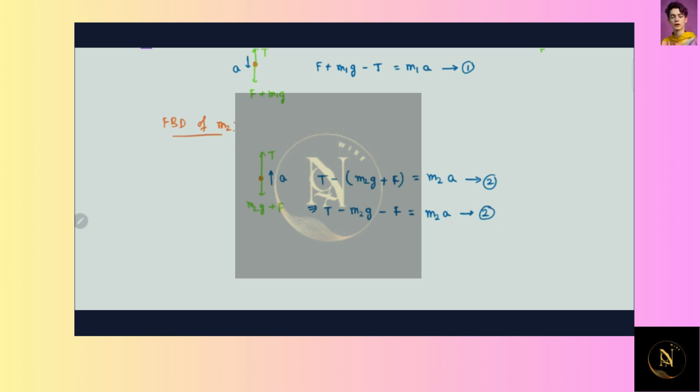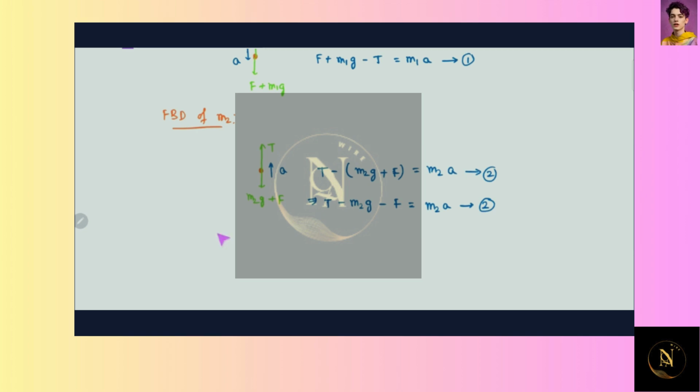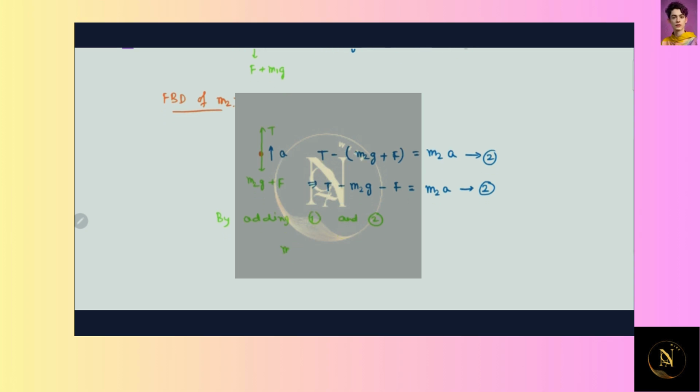Now on adding the first and second equations, if I add 1 and 2, then on the left hand side the F force will cancel as it is having plus and minus F. The T force is also going to cancel, so we will have on the left hand side M1g minus M2g.